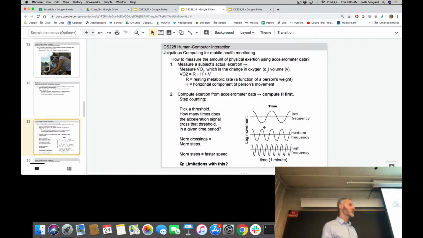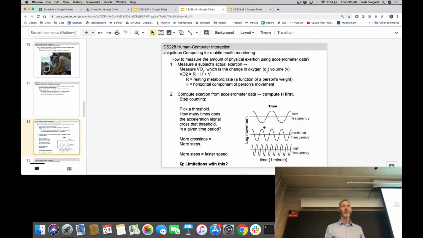Assuming that there is regular motion, you can apply some additional mathematical methods from signal processing to tell you something about the frequency and other features of this repeating pattern. Not surprisingly, the faster your legs are swinging back and forth, the more you're exerting, right? So it's pretty straightforward to imagine a model that's able to find a relationship from frequency to exertion for the horizontal component, moving back and forth.